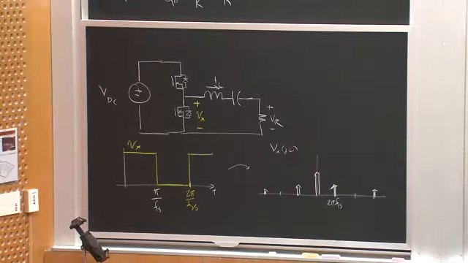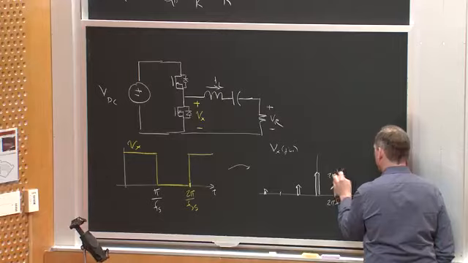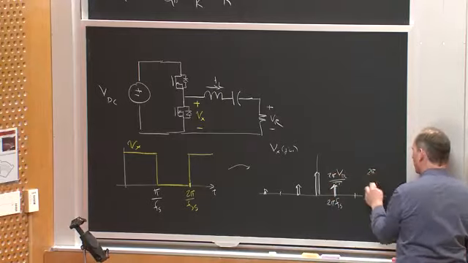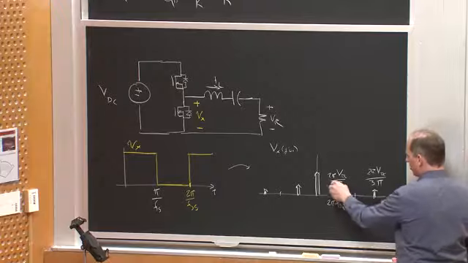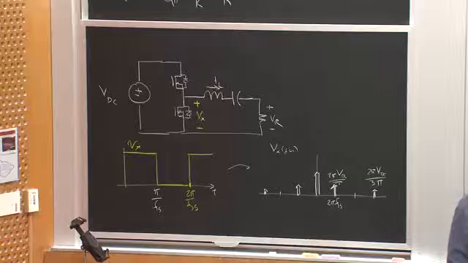And if you wanted to use the exponential series, the height of this is 2 VDC over pi, and here would be 2 VDC over 3 pi, right? So the third harmonic's 1/3 of the fundamental, and it falls off as 1 over n with n odd harmonics, okay?